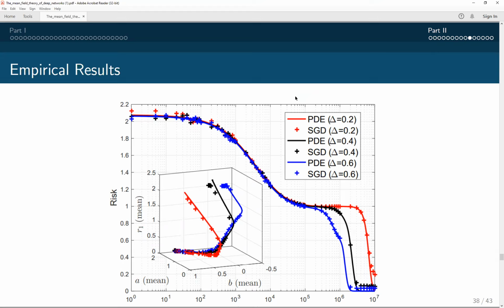Maybe one thing I can do with this framework is I can solve equation 61 numerically instead of running SGD, and then I can figure out how my training risk will go without actually running SGD. So the question is, is it convenient at all, or does it take longer to run equation 61, or does it take longer to run SGD?